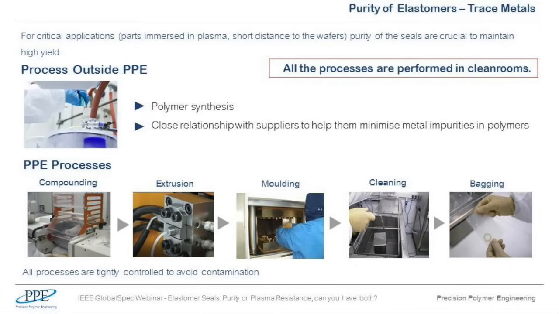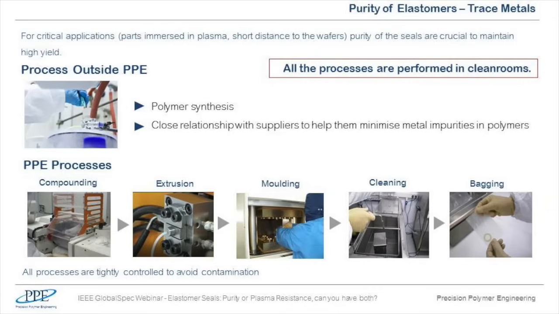I have explained the elastomer formulations and basically plasma resistance in my presentation so far. Now I'd like to talk a little bit more about the purity. In order to achieve better plasma resistance, using more and more filler in the formulation would be a big problem.